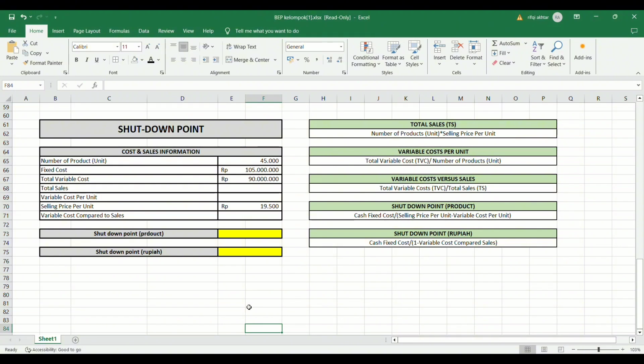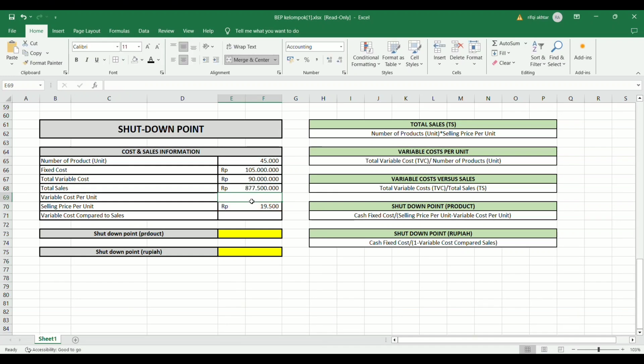Next, we move to the last table, shutdown point. Total sales equal number of product multiplied by selling price per unit and then enter.